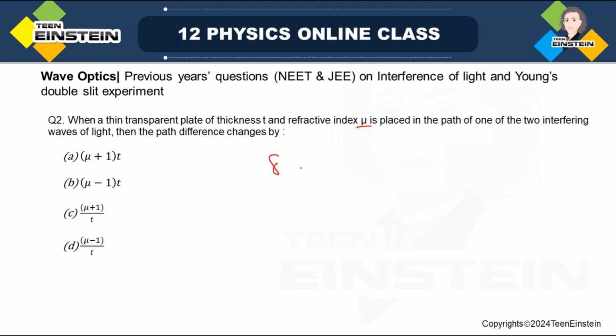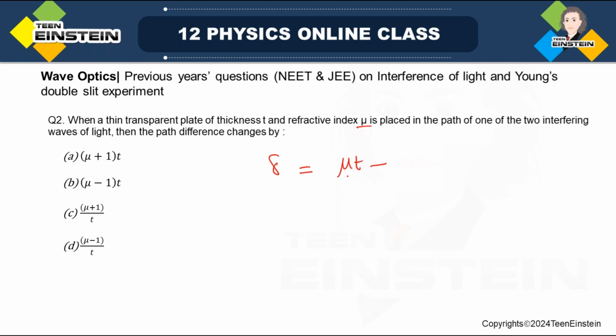Suppose that extra path difference is delta. The optical path length when the light is moving through the medium is given by mu into t, and the path length when it moves in the air, the same thickness in the air, is t. So t is the thickness of that transparent medium.